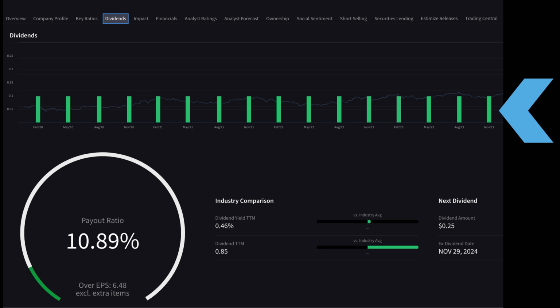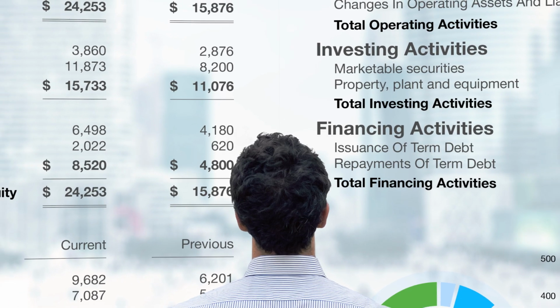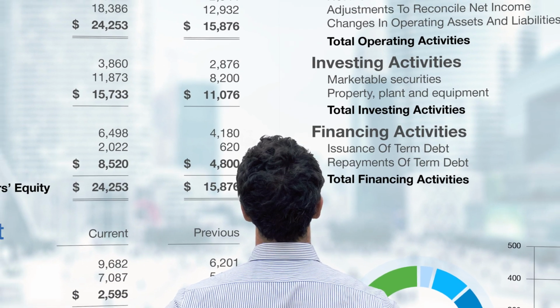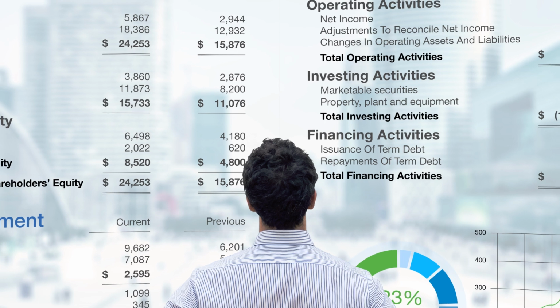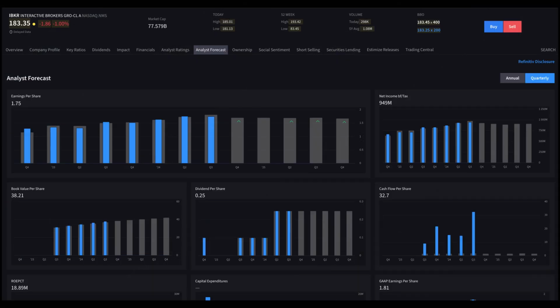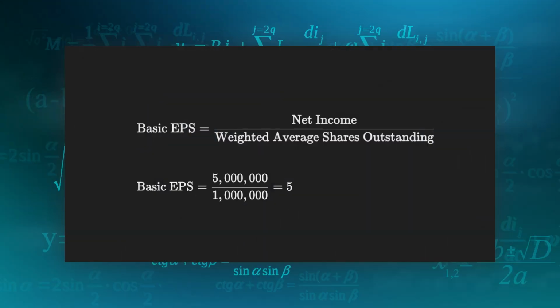Now that we've discussed a few dividend metrics, let's turn our attention to broader financial indicators. These metrics provide insight into a company's overall ability to generate profits and maintain its dividend policy. Earnings per share is a key metric that indicates how much profit a company generates per share of stock. It's calculated by dividing the company's net income by the number of outstanding shares.